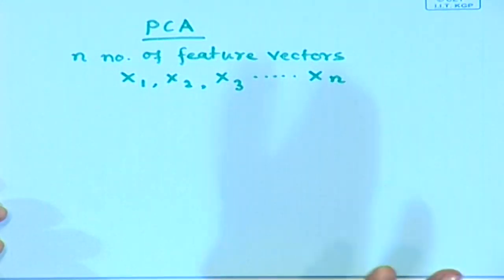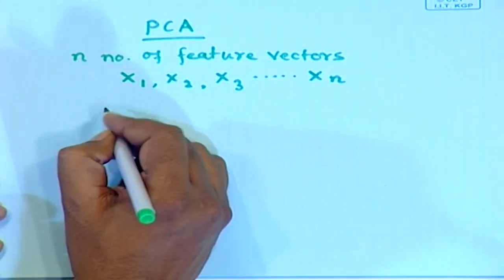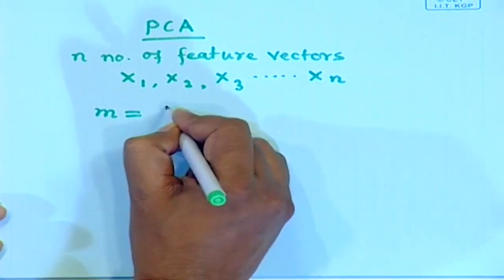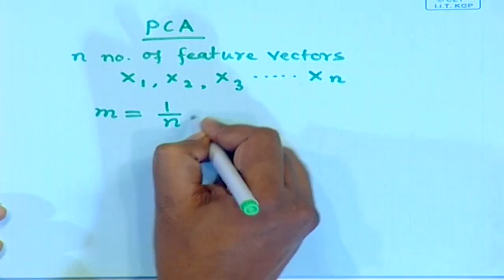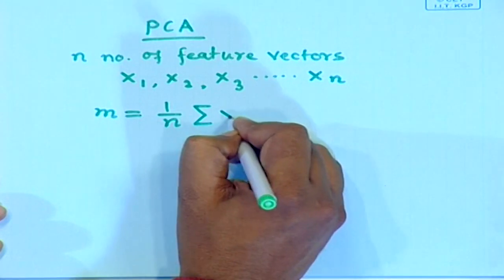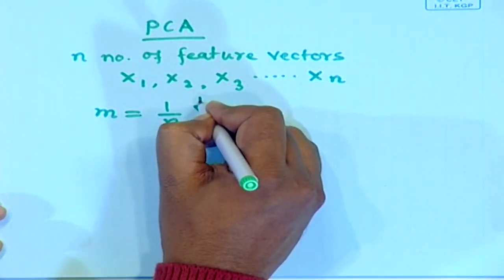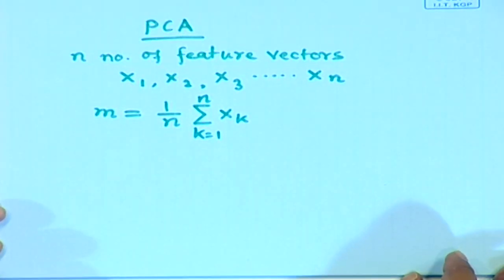Each of the feature vectors is of dimension d. Obviously, the mean of this set of feature vectors is given by 1 upon n sigma xk, k varying from 1 to n. That is the mean of the feature vectors.